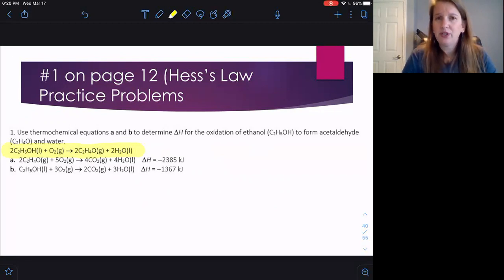If so, which one are you going to multiply and by how much to get the coefficients that you have in your overall reaction? Don't forget to multiply that delta H for that particular step as well. And then once you've manipulated both of your equations the way you need to, add your delta H's together. What's that final delta H for your overall reaction?